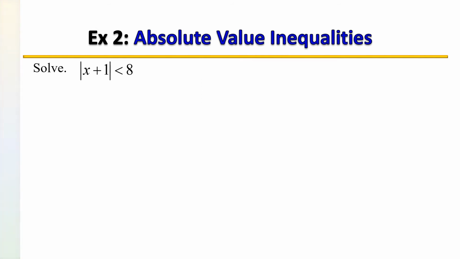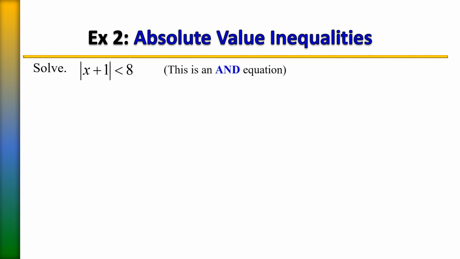In this next example, let's take a look at our symbol to see what type of equation we're going to be dealing with, whether it's AND or OR. Here we have a less than symbol, so less than AND, that means this is going to be an AND equation.